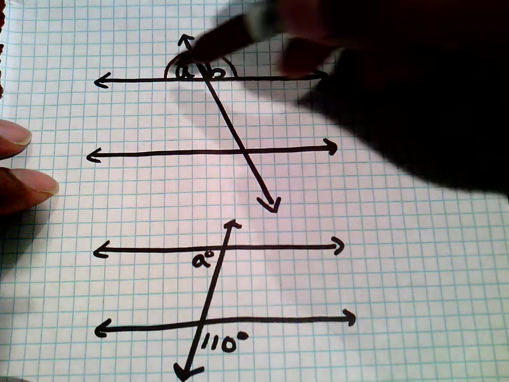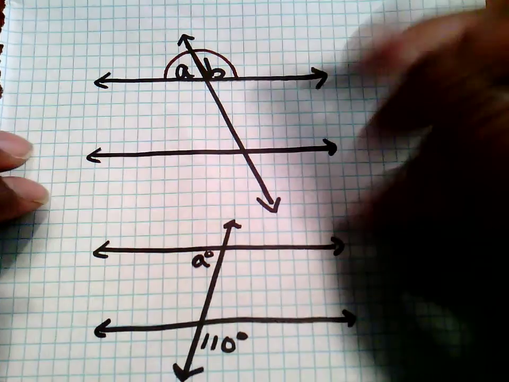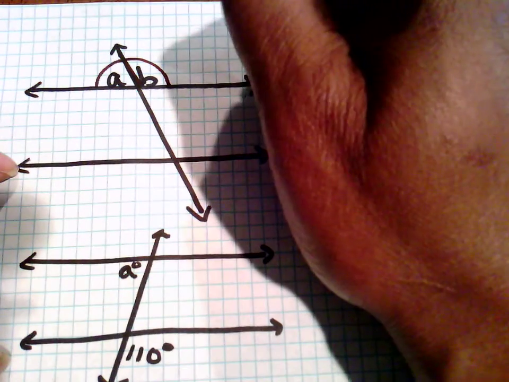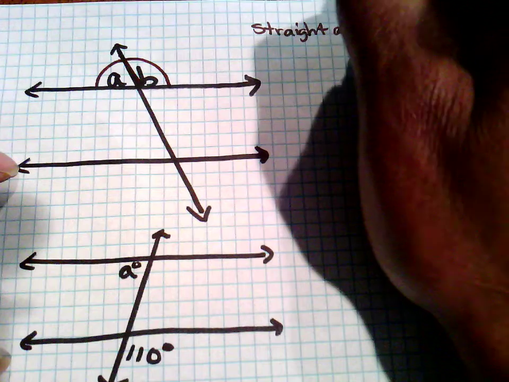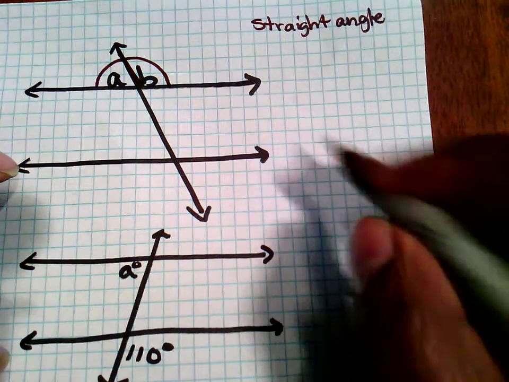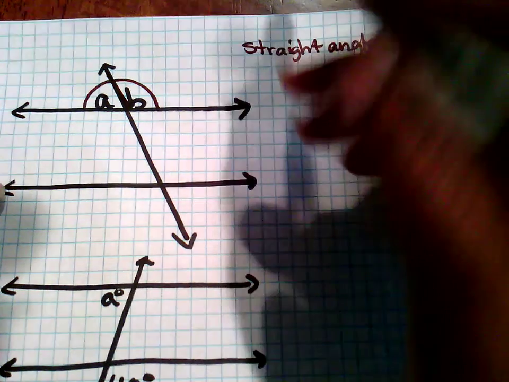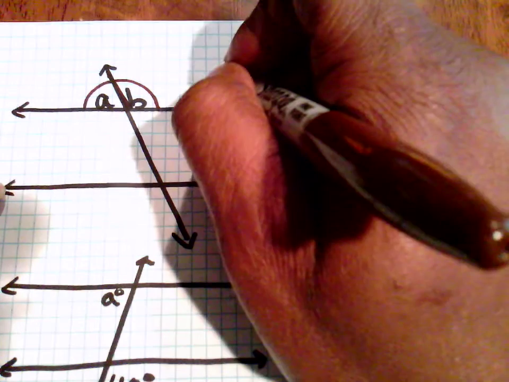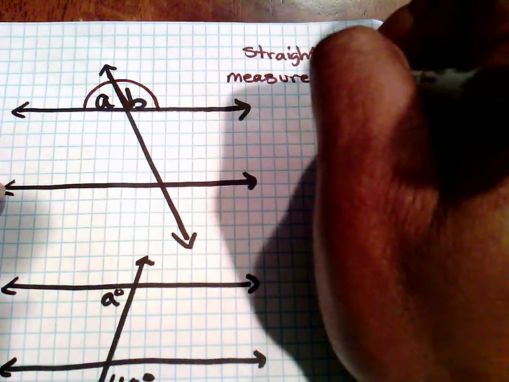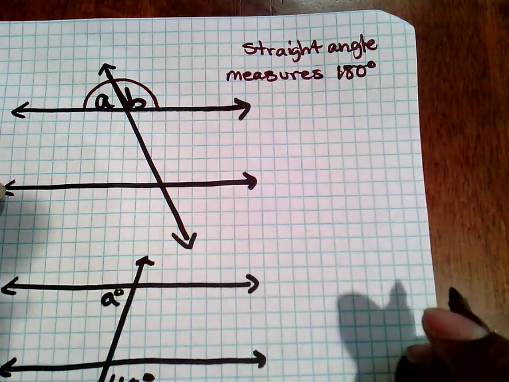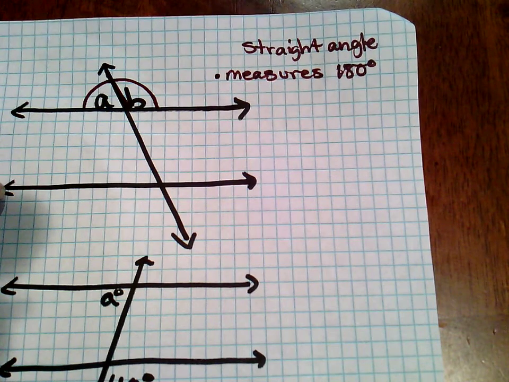And if you remember, a straight line is also a straight angle, and a straight angle measures 180 degrees.